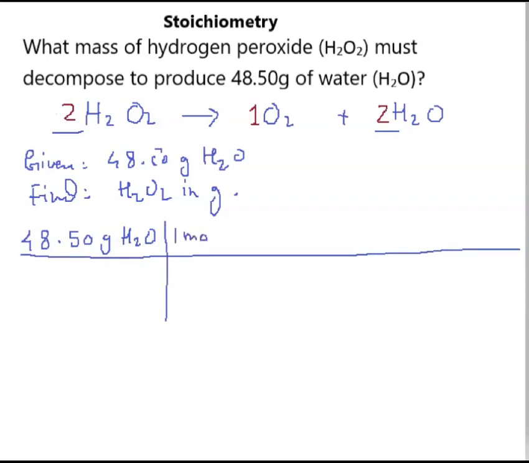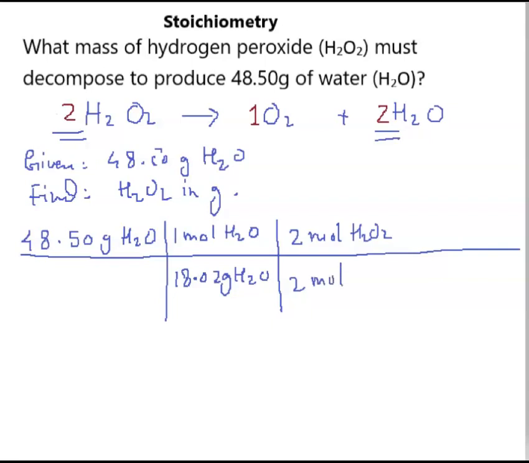So 1 mole of H2O, and we're doing the conversion, right? If you divide this, you get the exact same number, which is 2.691. 2 moles of H2O2, this is the ratio, 2 is to 2. Since the number is the same, they cancel out, but if they were different, the answer would have changed.